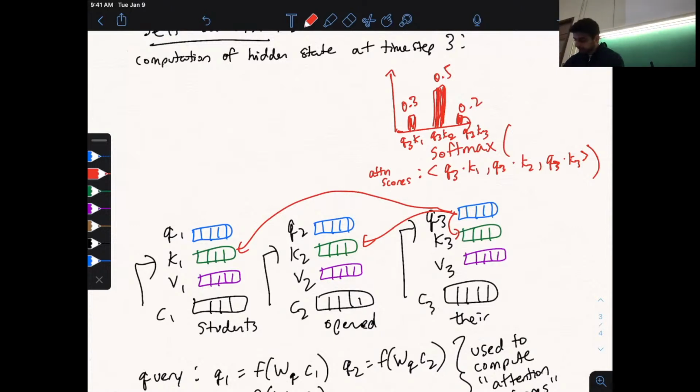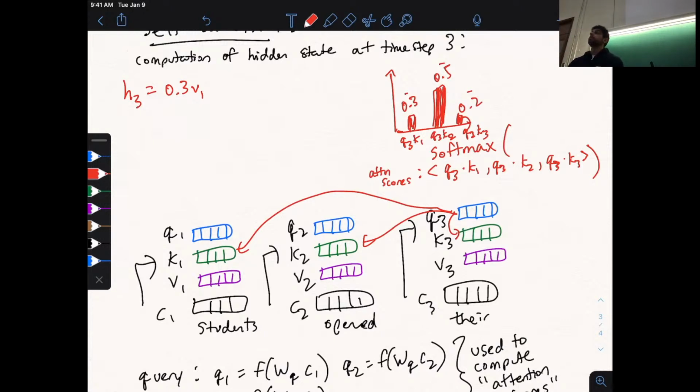So what I'm going to do is essentially use these weights here, the 0.3, 0.5, and 0.2, to compute a weighted average of all of the value vectors in this sequence. And that's going to form my hidden state for the softmax layer. So specifically, h sub 3 equals 0.3 times v1. That's the value vector at time step 1.